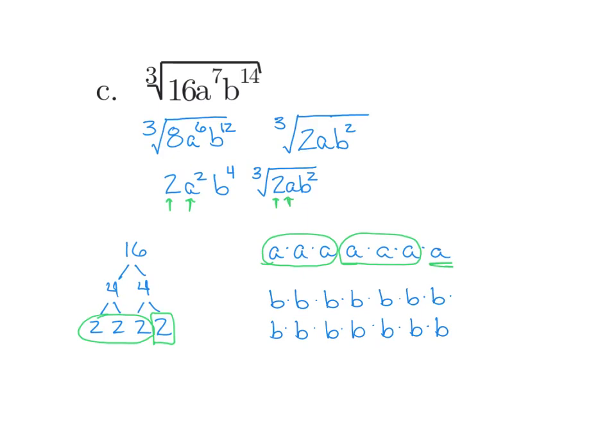Same thing, I want to make groups of 3, so I can make 1, 2, 3, 4 groups of 3. So what does that do in our answer? We can pull out a b to the 4th. I have 2 b's left over that I cannot put into a group of 3, and so we keep a b squared inside the root.